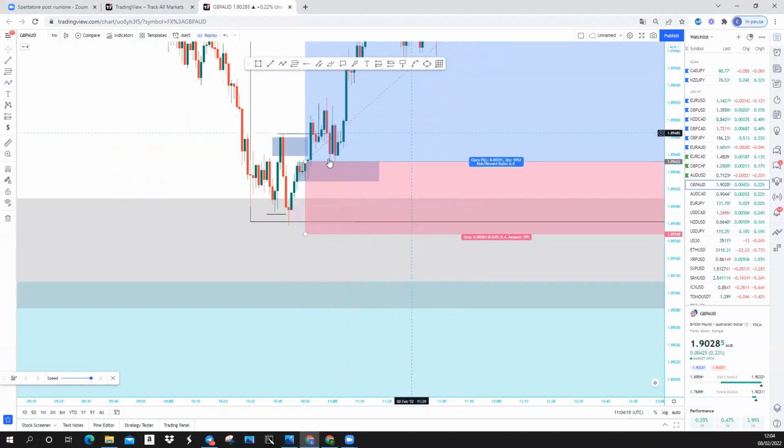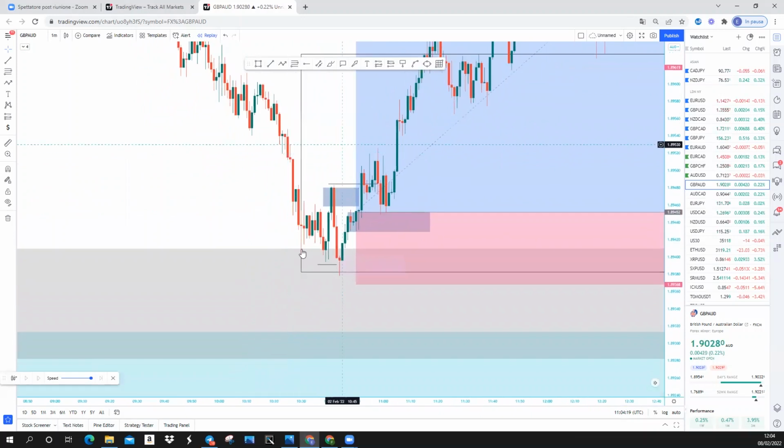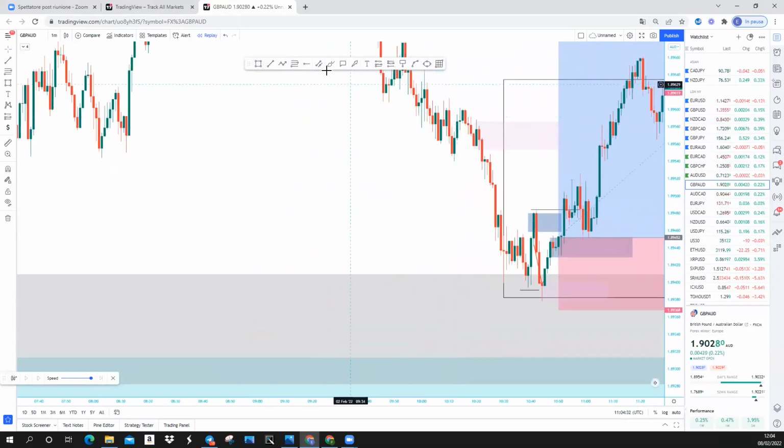But what you need to pay attention to, very, very important, is this move. If this move doesn't break to the downside and stops here, that is not valid confirmation. This is not the point in control. The point in control is higher, because it didn't break structure. Many people get confused.